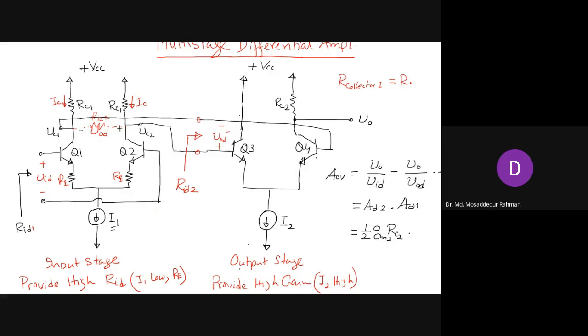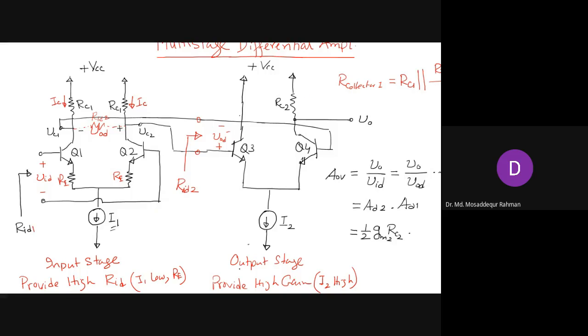That will be half of the load resistance. So that will come in parallel with RC1, in this case RID2 divided by 2. So half of this load resistance will be in parallel with RC1, and that will be the effective load resistance.